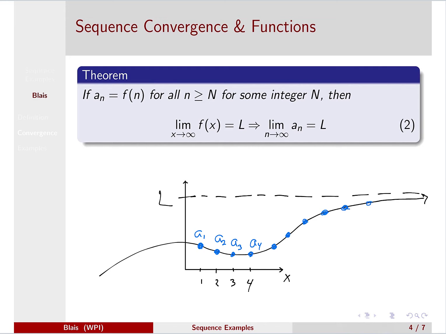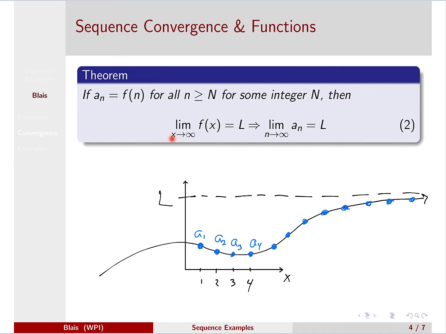And the result of this is that the sequence has to converge as x goes to infinity to the same limit as the function. And you can think of this as the function is a road, and that road is converging to L as x goes to infinity, and these sequence terms are on the road.